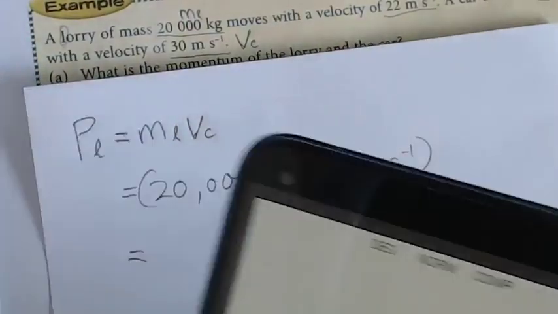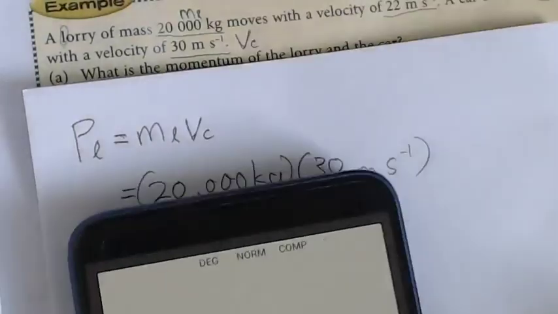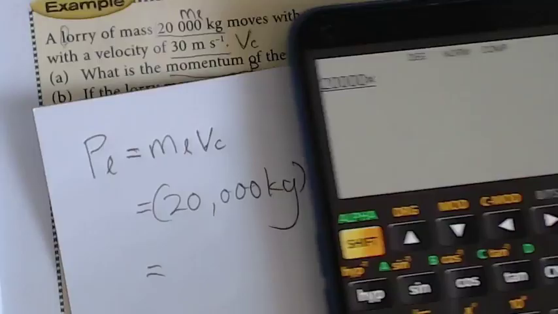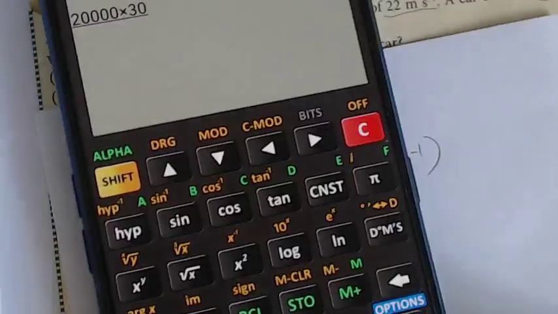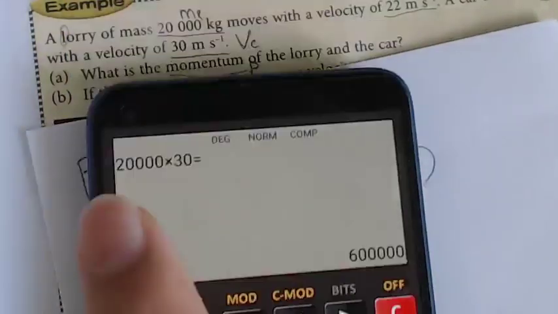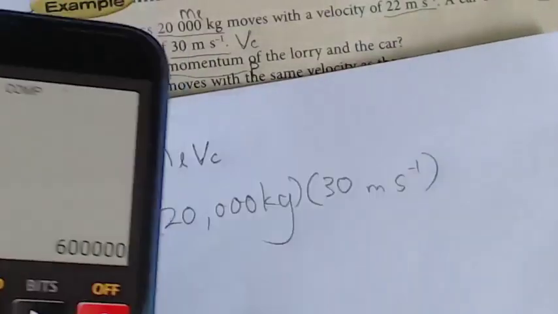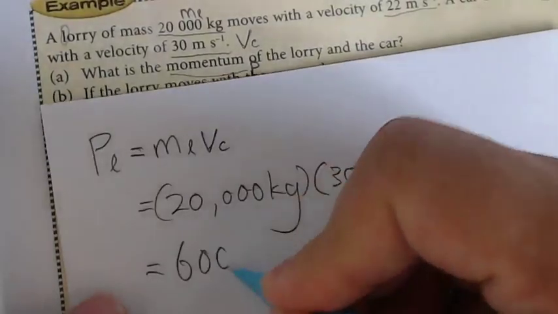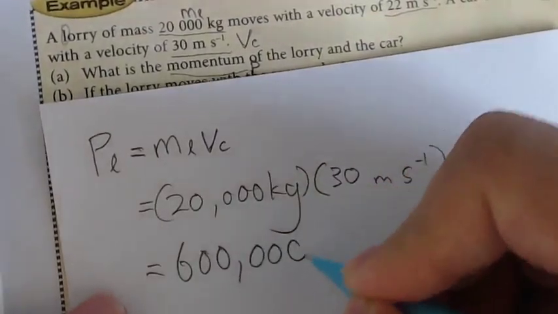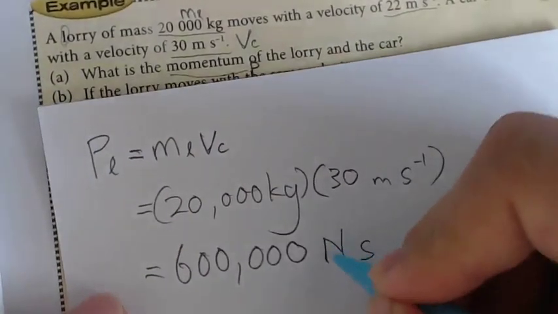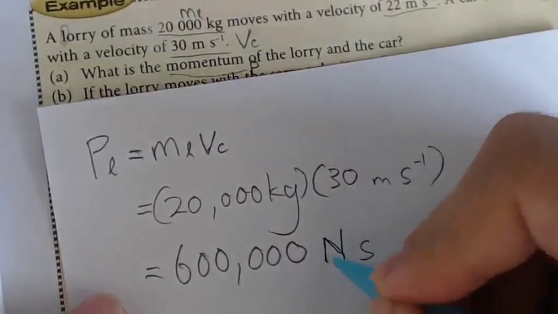Press your calculator. 20,000 multiply 30, and we got 600,000. Wow, 600,000 Newton per second. Not Newton per second, sorry, Newton second.